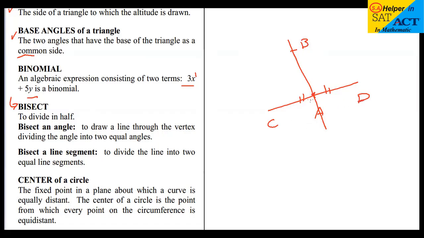AB bisector of CD, so this is called a bisector of a line segment. Bisect a line segment: to divide the line into two equal line segments.